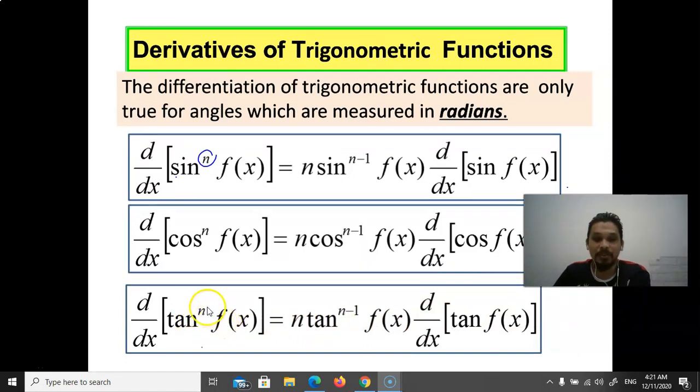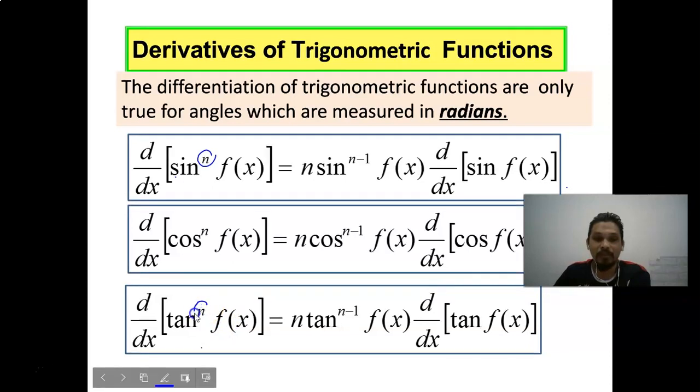We are going to derive the power of the trigo function here, where n tangent power of n minus 1 f(x). This is the first priority. The first thing comes first here, and then differentiate tangent will be the second part, and then differentiate f(x), the third part here.